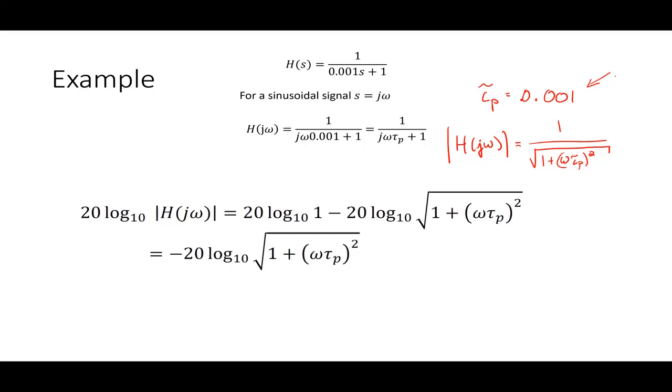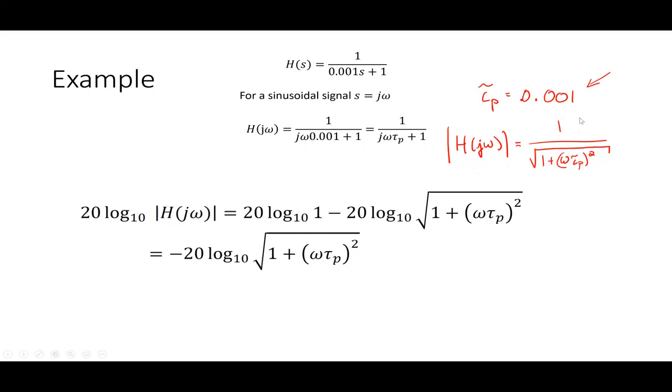What I'm now going to do is take 20 times the log of both sides. So if I take 20 log of both sides, 20 log of the magnitude of H of j omega is just simply 20 log of the magnitude of H of j omega.